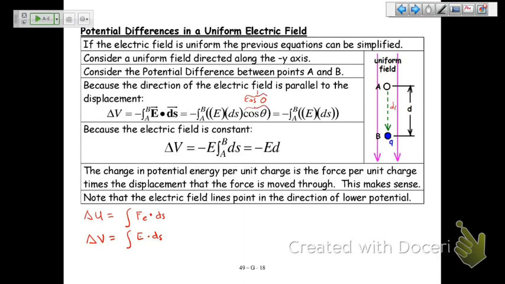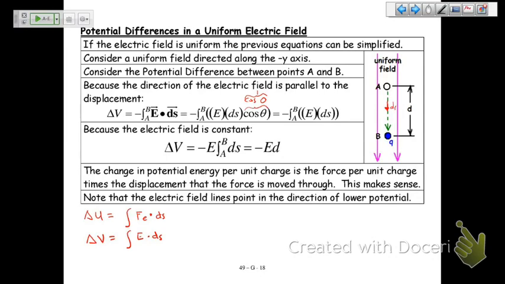So I get minus the integral of E times ds. E is a constant in this, isn't it? It's a uniform field, so take it out of the integral. And ds is this little bit. Sum up all those little bits, integrate them, we get the distance, which is minus E times D. Isn't that what we started off with?